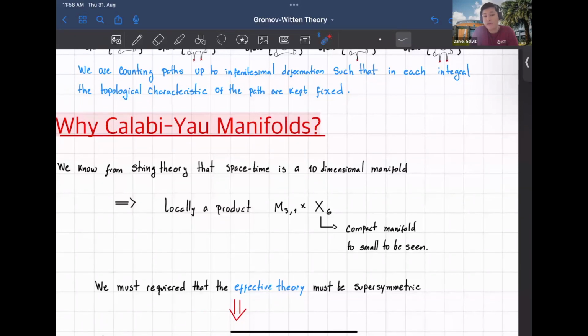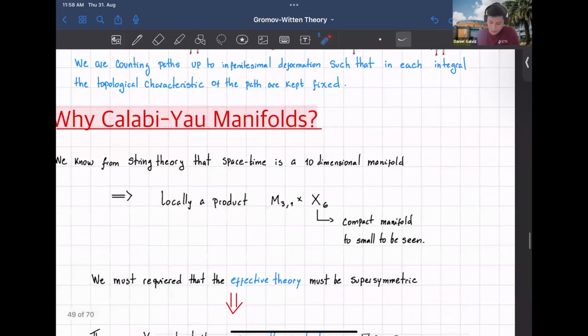And then, of course, when you do the compactification, you are just describing an effective theory, and you also want the effective theory to be supersymmetric, because of this problem of unitarity.